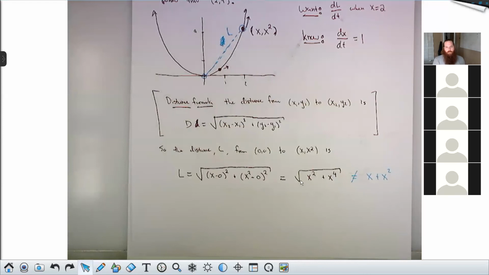So square roots, even though the square root of x squared is x, and the square root of x to the 4 is x squared, you can't take the square root of the two things separately and then add those up. Square roots do not distribute over addition. So we can't do this, as nice as that would be.